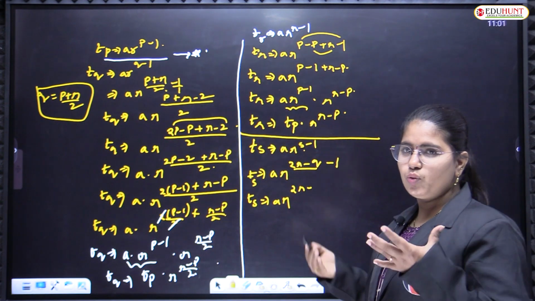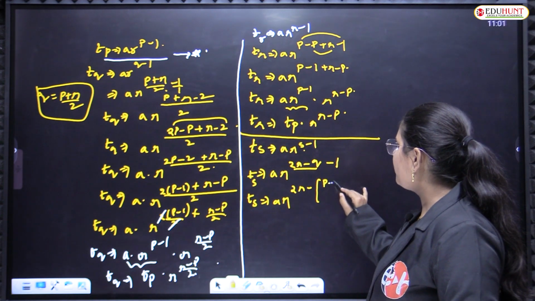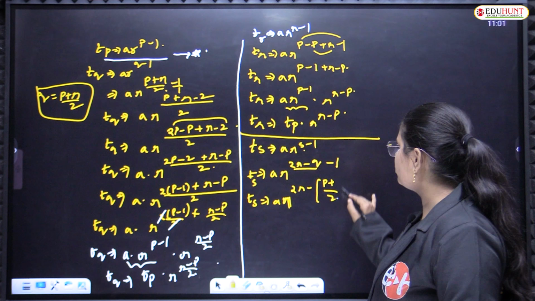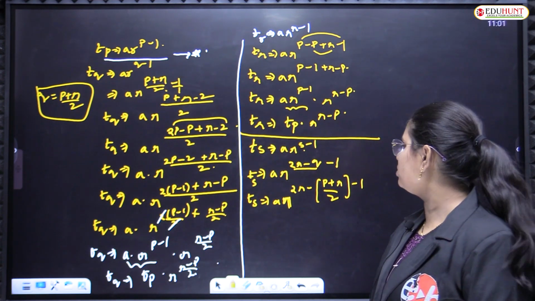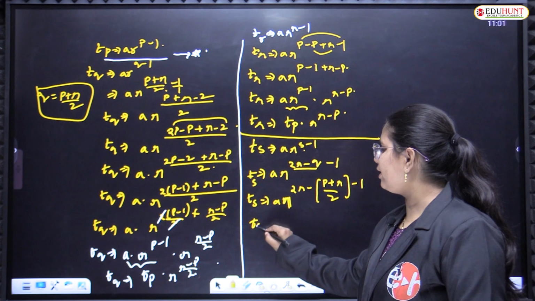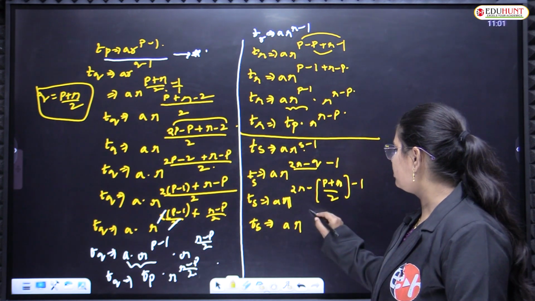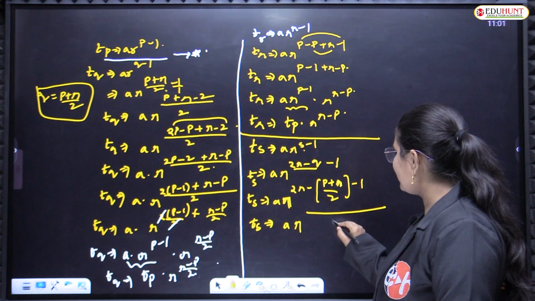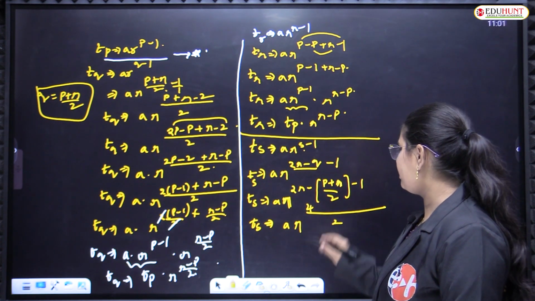I am converting Q in terms of P and R, so we have the value of Q as (P plus R) by 2, minus 1. TS is equal to A into R. Take out 2 as LCM. We have 2 twos, 4R, right?